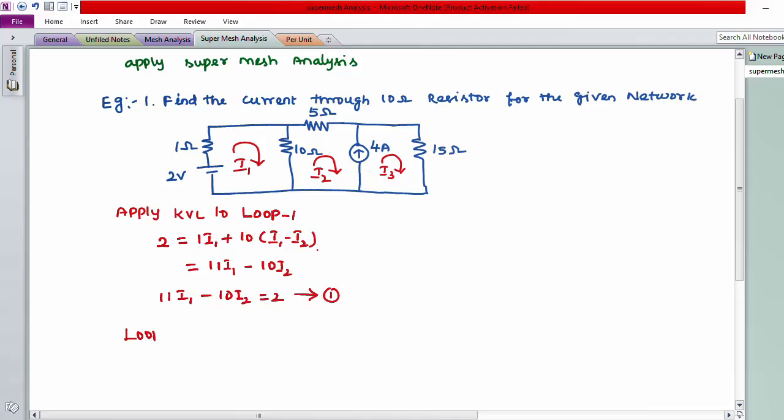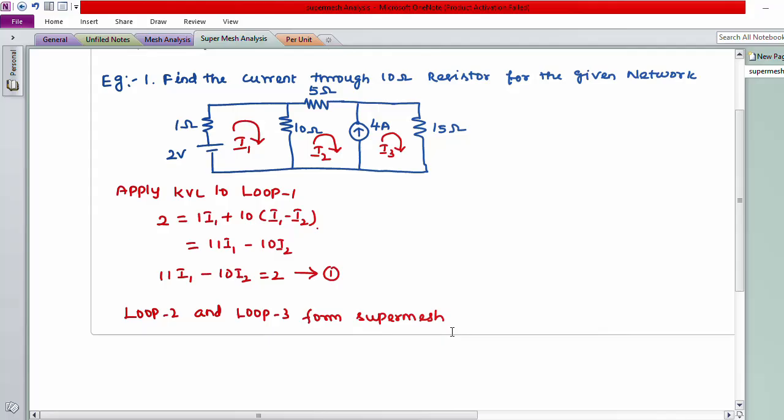So loop 2 and loop 3 form a super mesh. By writing the super mesh equation, we remove the 4 amps current source.